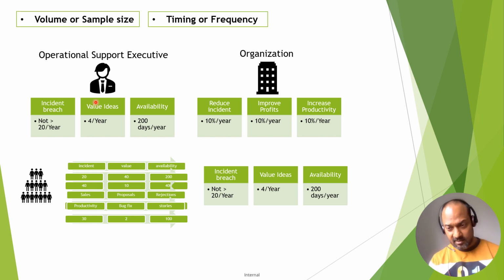So if we take a sample of winter only, you would say there is no incident, and it could end up saying there should be no incidents per year, which is not valid, right? So you have to take a greater sample size, average it out, and then conclude the quantification for the value per KPI, right?